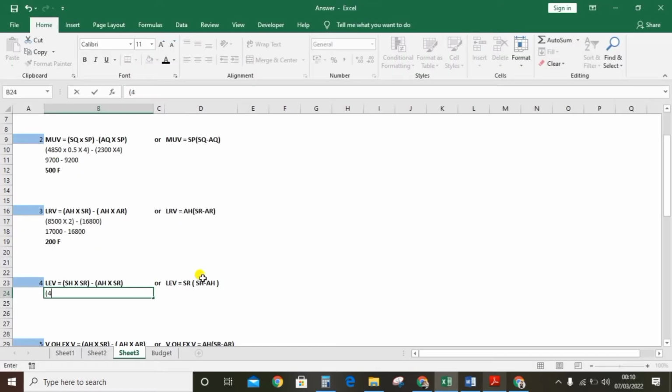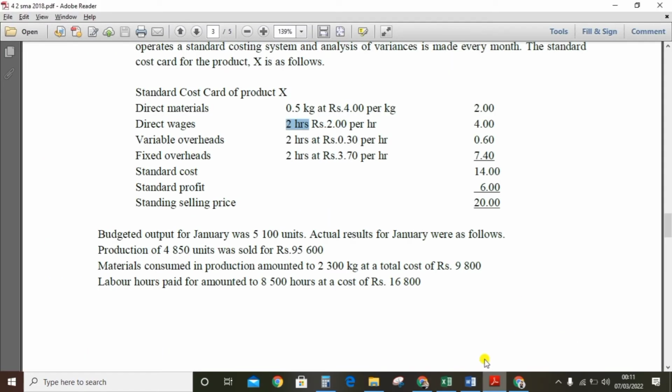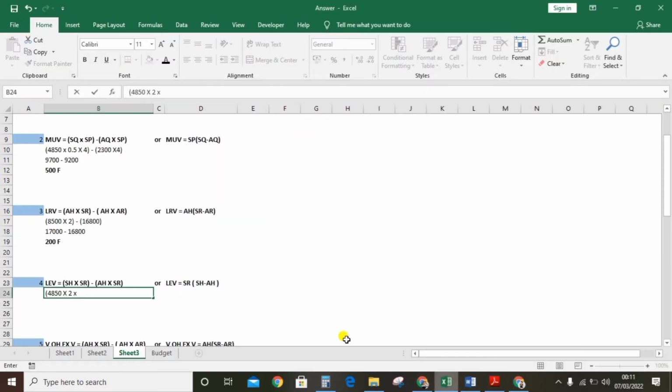So 4,850 into 2 hours. This is SH. And into SR. SR, what is SR? 2 rupees.